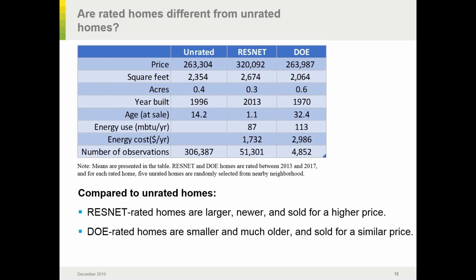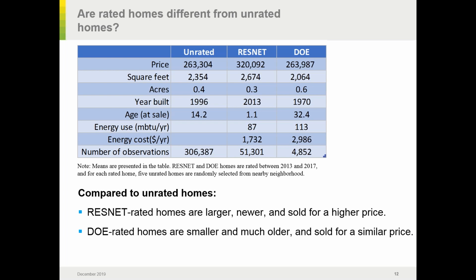Now to compare the data a little bit, in the first column we have the price and a couple of property characteristics for the unrated homes. The RESNET rated home price of $320,000 is higher than the unrated home price, right?